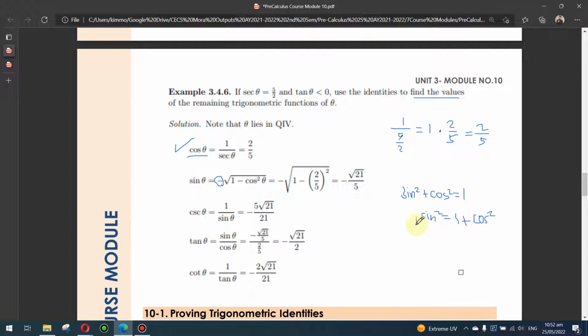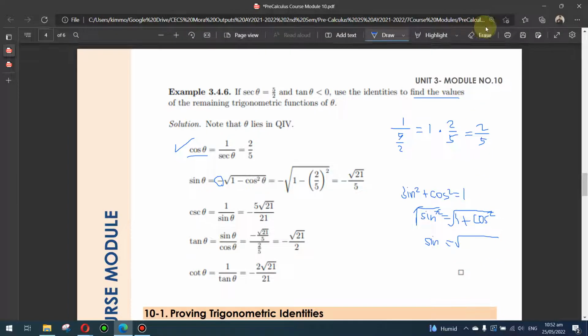Next na tong button is square root. No? Square root. Cancel. Mabilin dari sine. Dari kay ay minus din ni plus. Minus kay plus man siya pagbalhin sa pika side mo siyang minus.